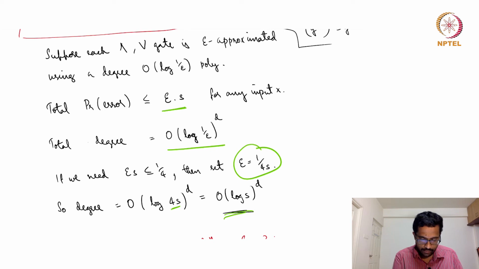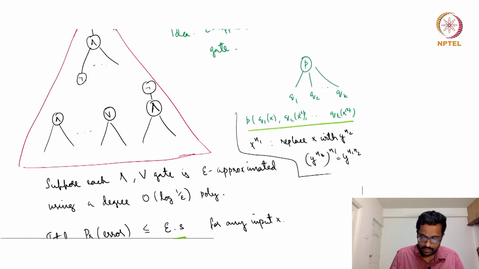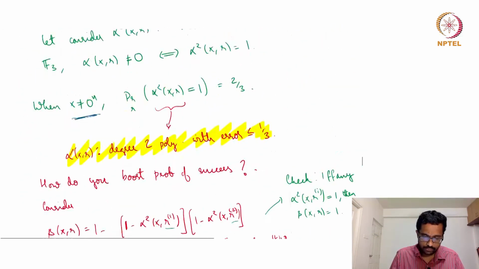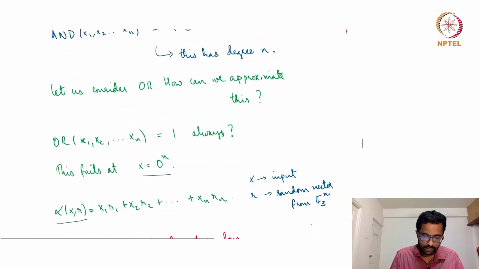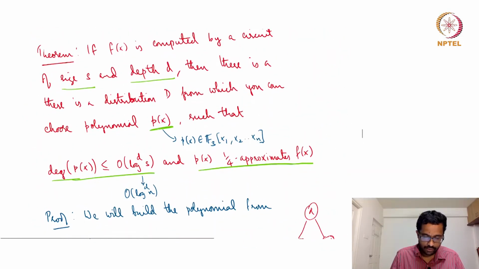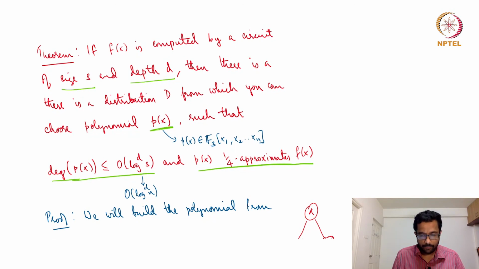So what we have here is what we set out to prove. This was that we have a polynomial chosen from a distribution, of degree order log s whole power d, that 1 by 4 approximates fx. So fx is any function that can be computed by an AC0 circuit.